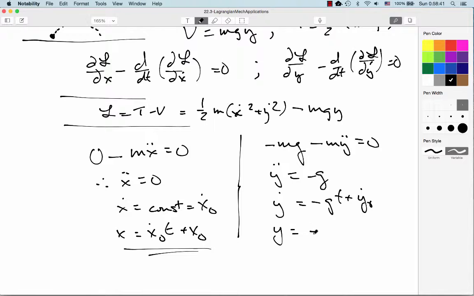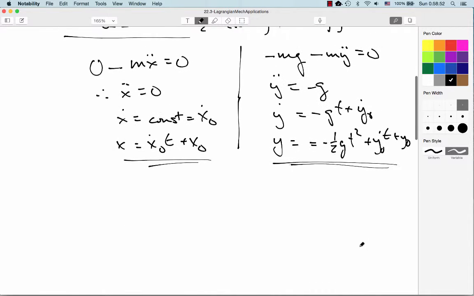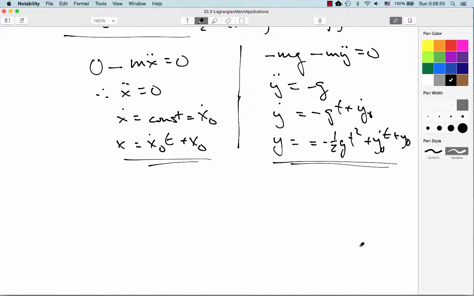Integrating that, we get y equals minus 1/2 gt squared plus y naught dot t plus y naught. Okay, so we've recovered the basic kinematics equations we've seen before.